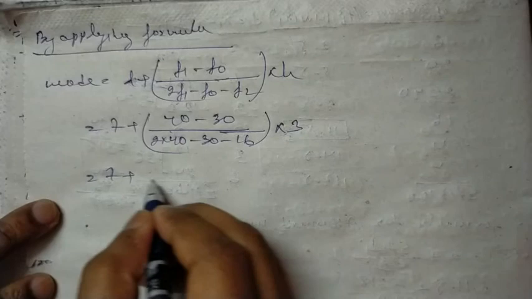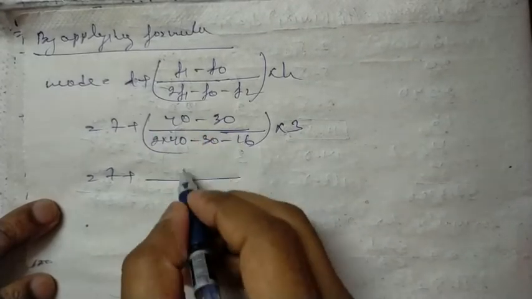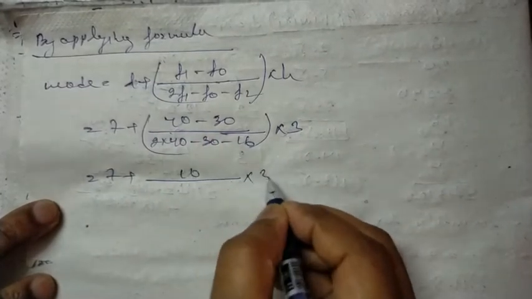Now 7 plus, if I minus here, I will get this one, 10 into 3.